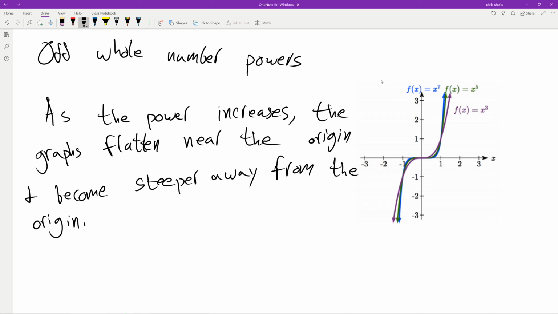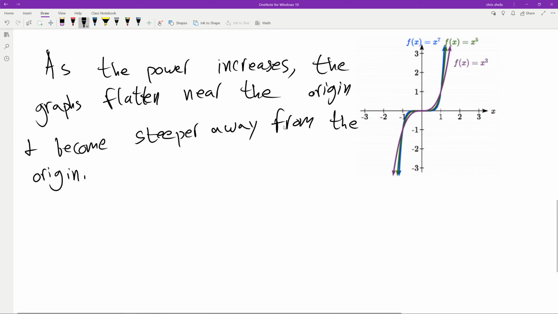So notice that, for instance, the graph of f of x equals x to the seventh is the steepest graph, and f of x equals x cubed is the least steep graph, or I guess you could say the most gradually growing graph.